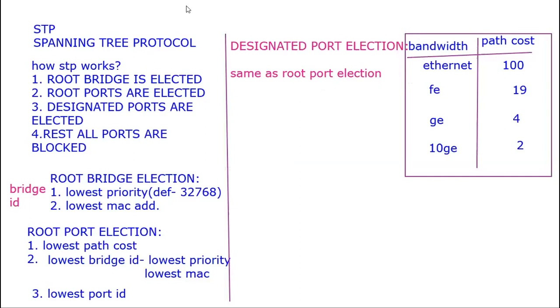So let's see with an example now. We have two switches connected together via redundant links, switch 1 and switch 2. The redundant links are 2.